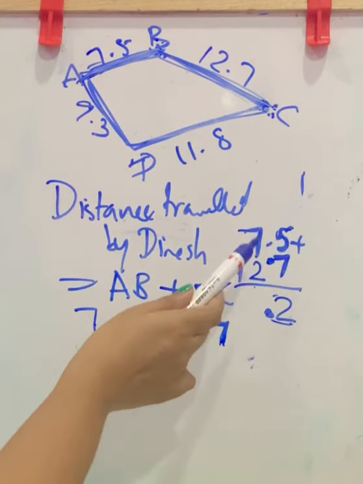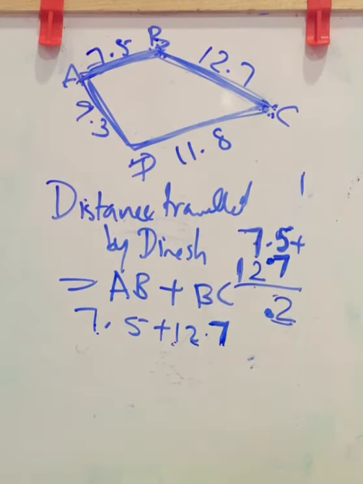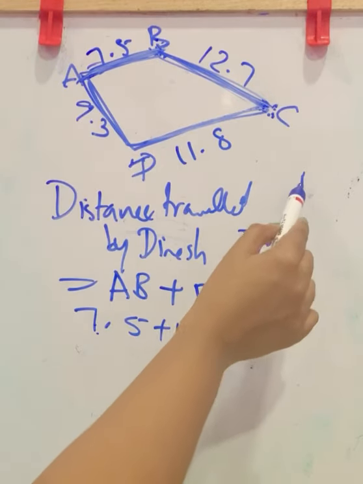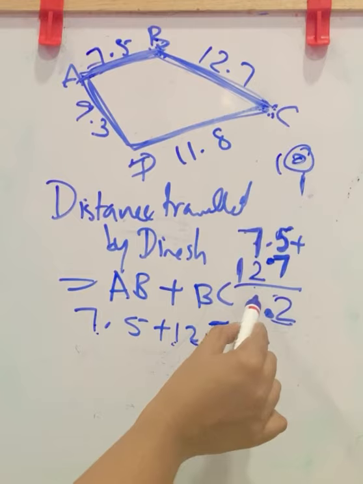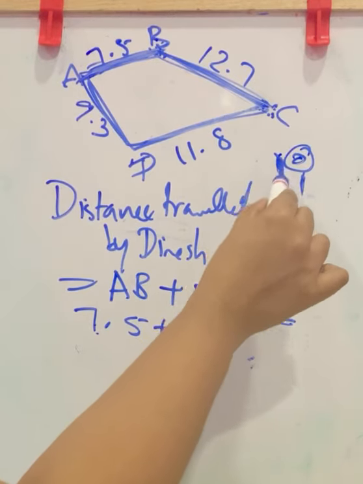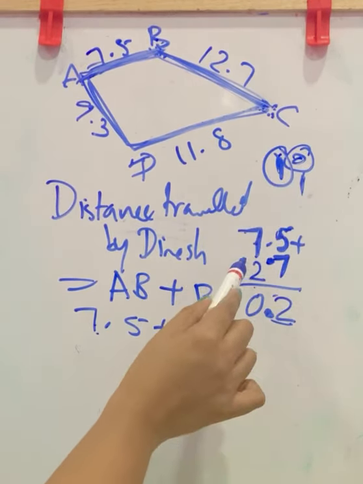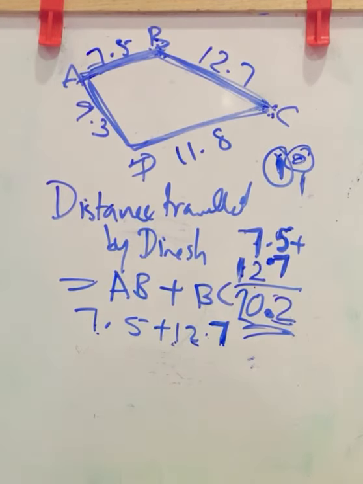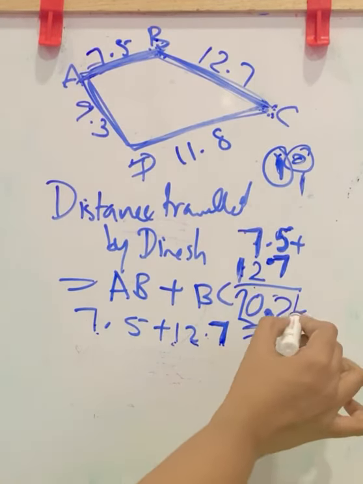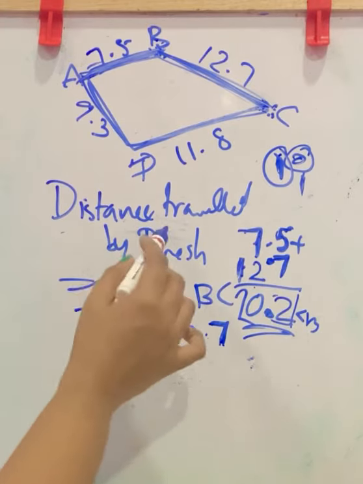Keep it there. Now add 7 plus 2, that is 9. 9 and this 1, 10. In 10, you will write 0 here. Keep this balance 1 here. Now we have 1. So 1 plus 1, 2. 20.2 is the total kilometer traveled by Dinesh.